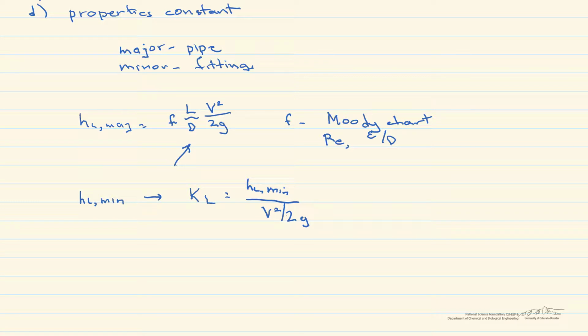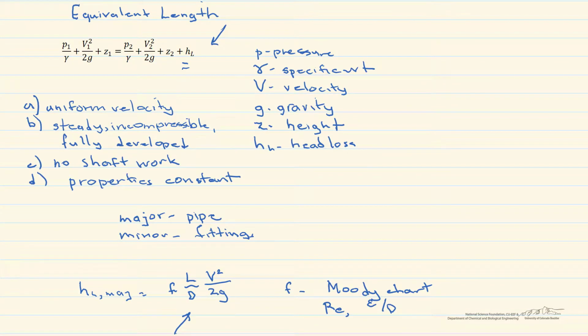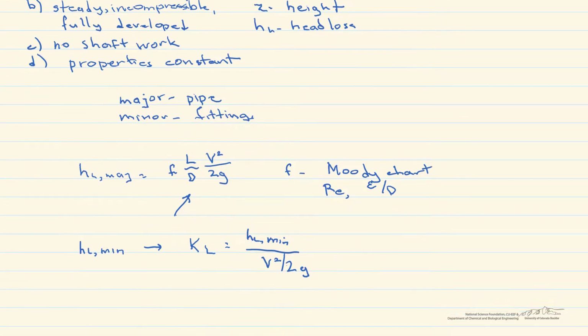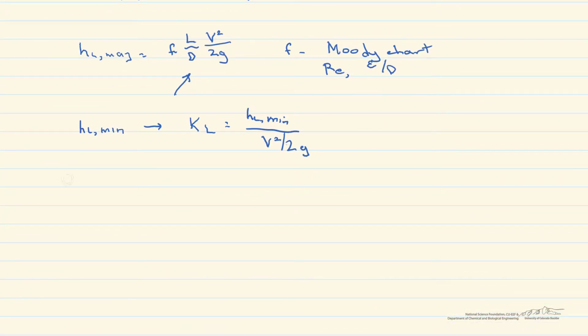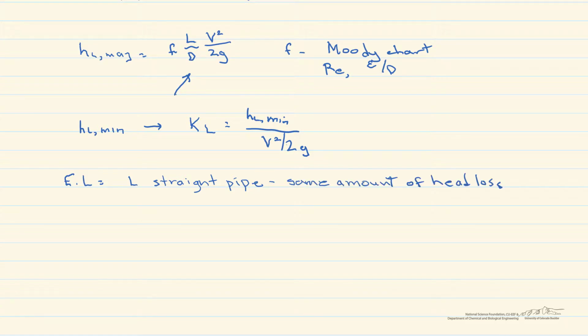And this H sub L minor can be expressed in terms of what we call our equivalent length. This equivalent length, which I'll call E sub L, is equal to the length of a straight pipe that would cause the same amount of head loss as our total minor head loss.